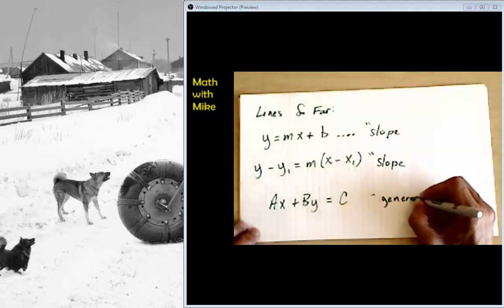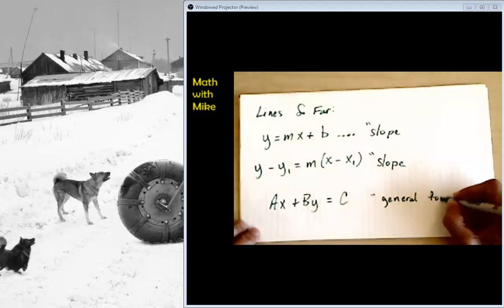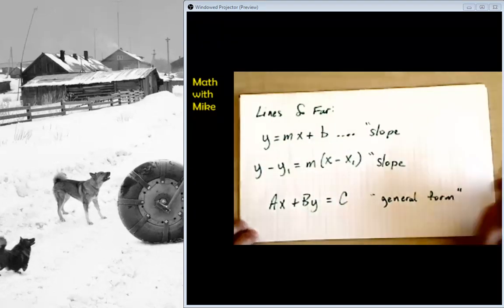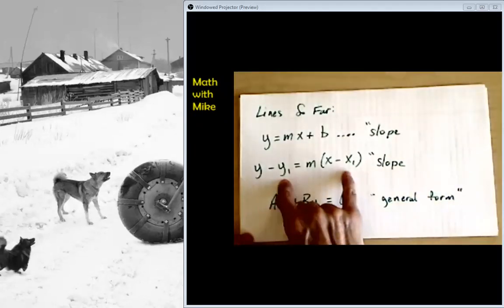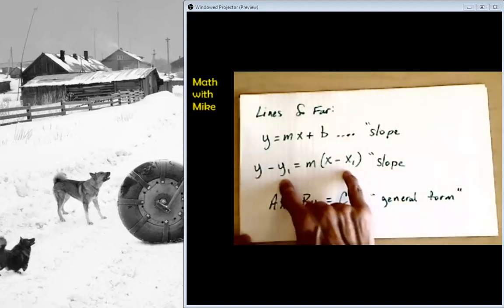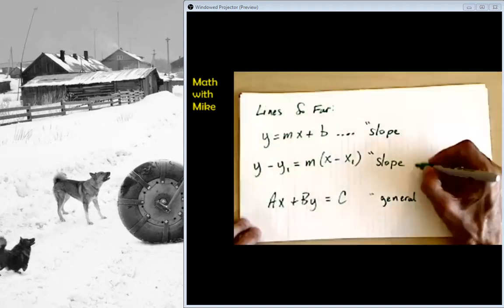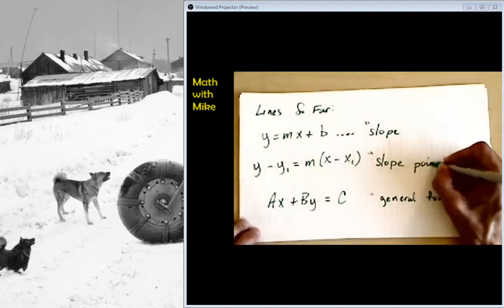That's today's. With these other ones, x1, y1, where do those come from? That's a better question. Point. Slope point form, okay?